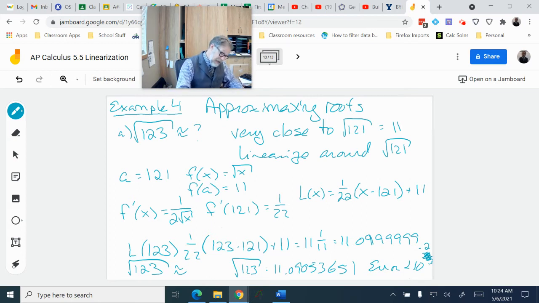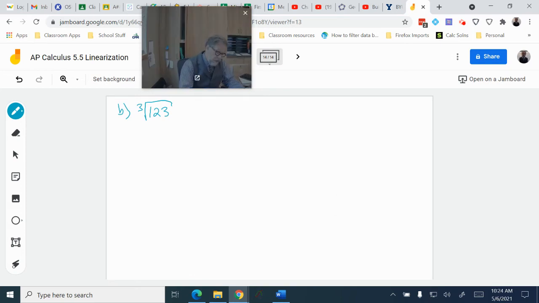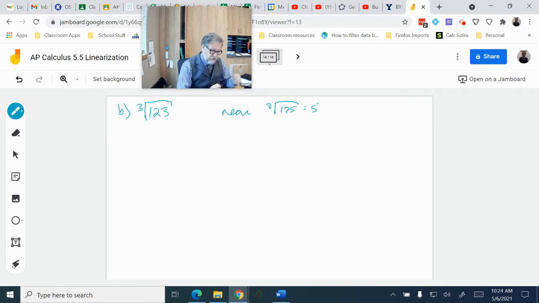All right, let's do another example of approximating roots. This time we'll do the cube root of 123. Well, we know that this is near the cube root of 125, and we know that that's exactly 5. So a is 125. F of a is 5.